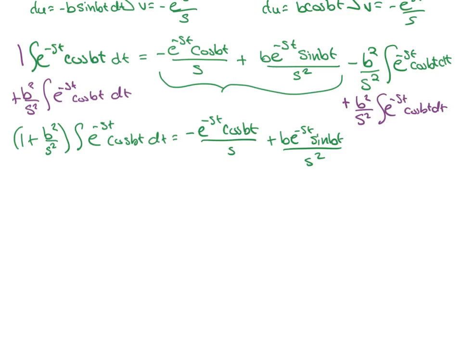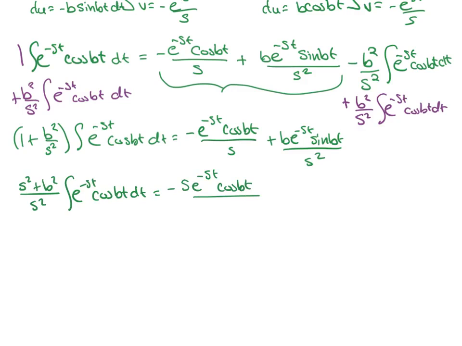So this will give me s squared plus b squared over s squared times the integral e to the negative st cosine of bt dt, and equals negative s e to the negative st cosine of bt over s squared, and b e to the negative st sine of bt over s squared.